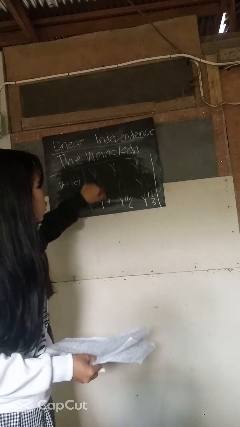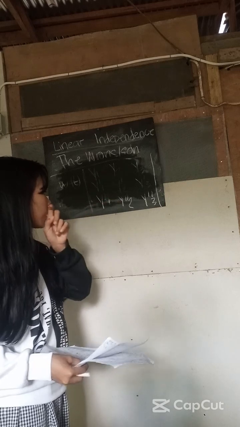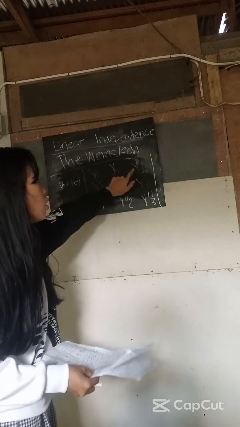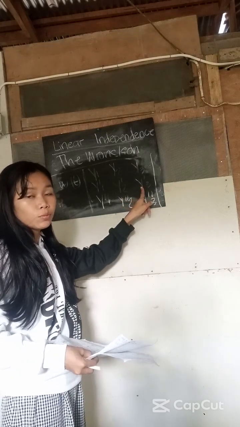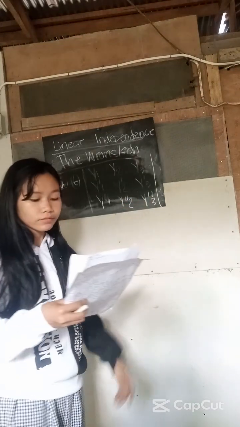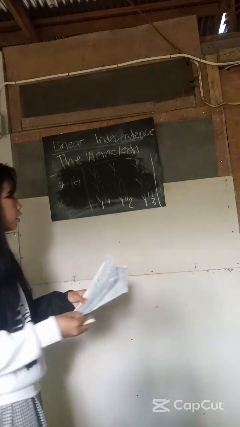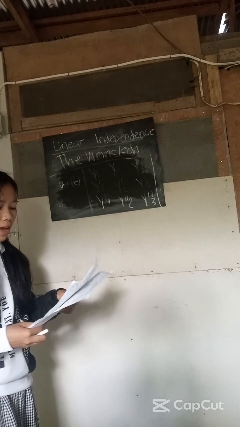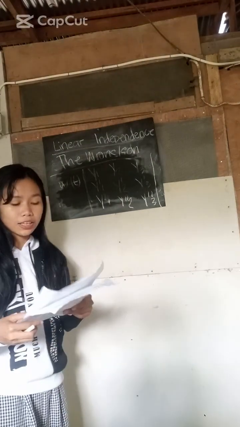For the second, y2, y2 prime, and y2 double prime. And for the third, y3, y3 prime, and y3 double prime. We're doing the Wronskian in these dimensions, but we can imagine doing it with different numbers of functions.